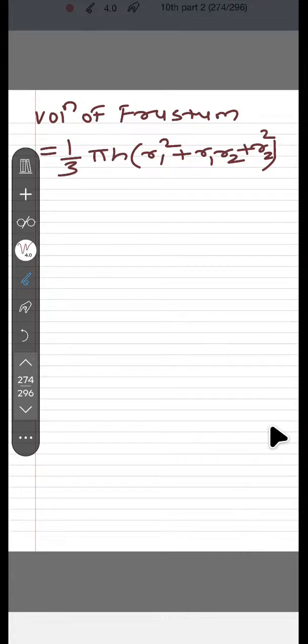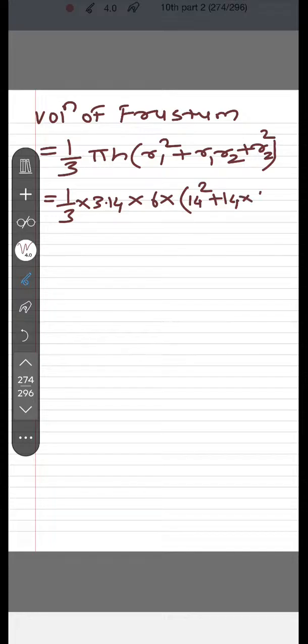So this is equal to 1 upon 3 into 3.14 into 6 into bracket 14 square plus 14 into 6 plus 6 square, bracket complete. What I did was just put in the values. Let's simplify it here, it will be convenient to solve.